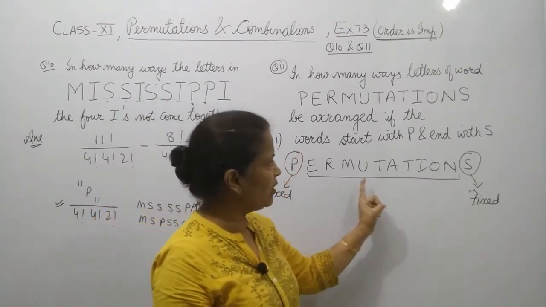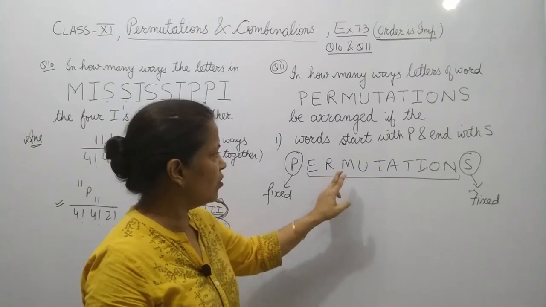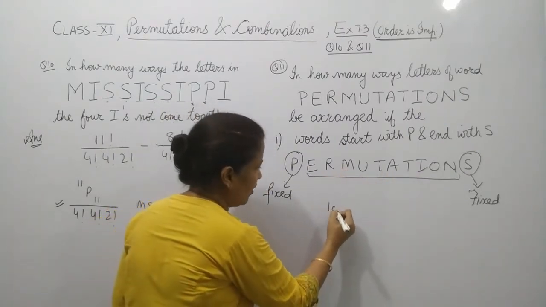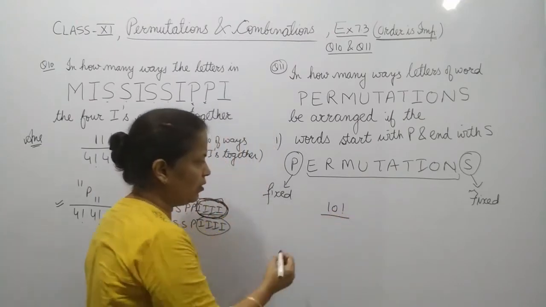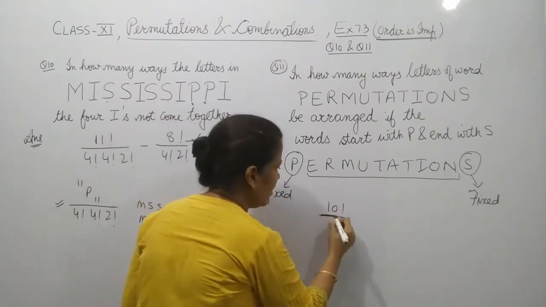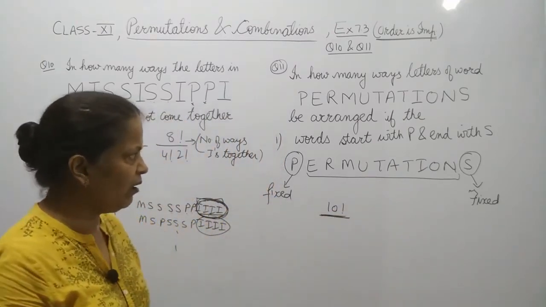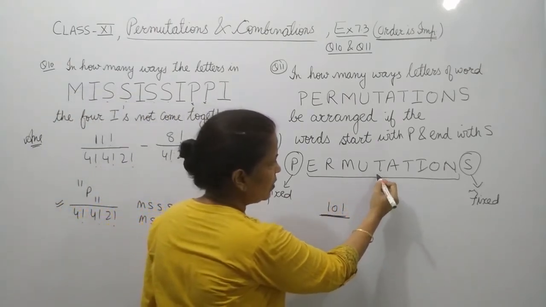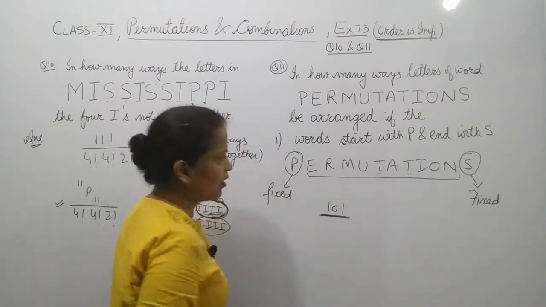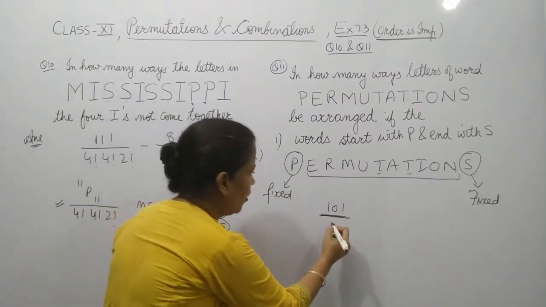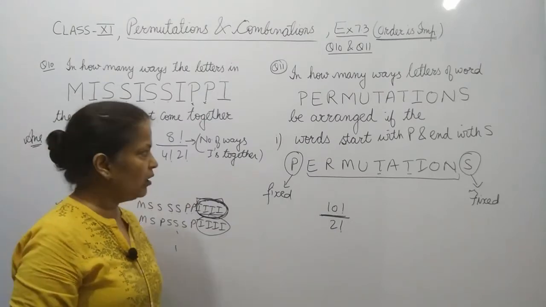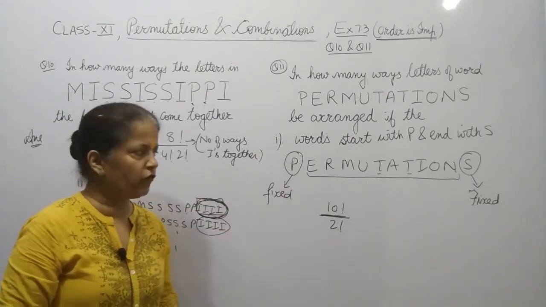We have to make the number of ways for these 10 letters, so 10 factorial upon. Now observe whether any letter is repeating here. T is repeating, so upon 2 factorial. So this is the answer of the first one.